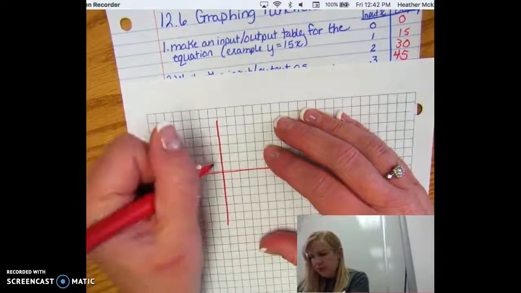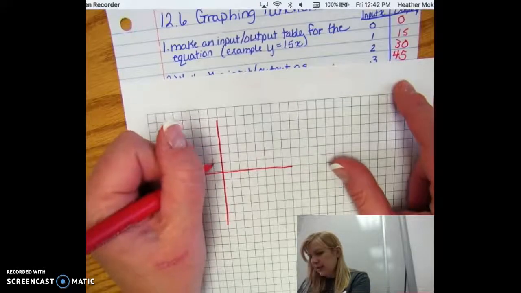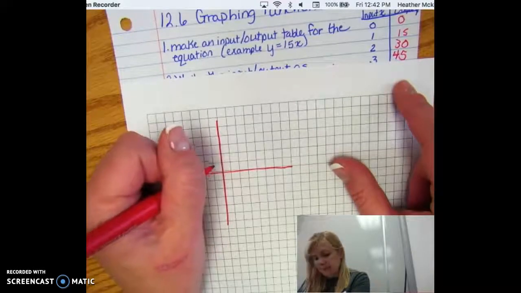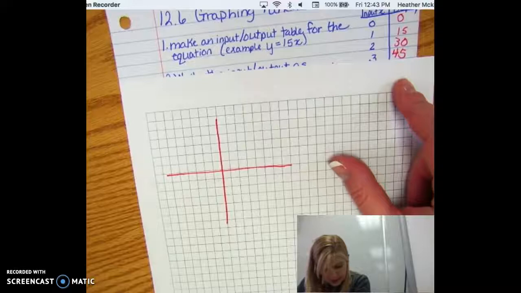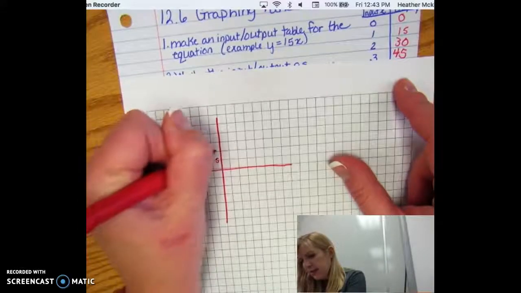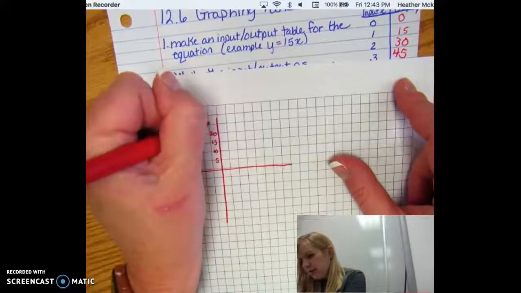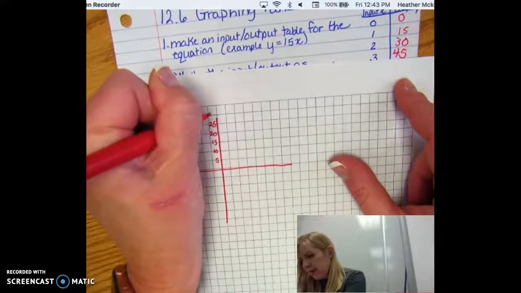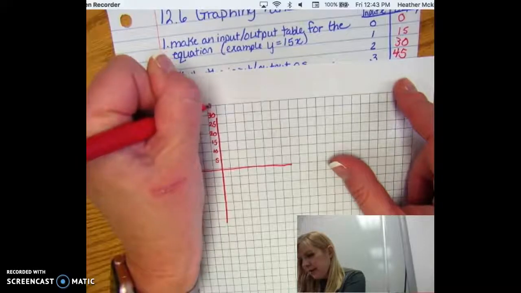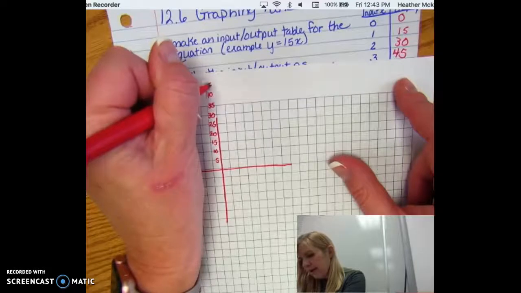I'm going to do it to a different scale, and since they do go up by 15s, I am going to do 5, 10, 15, 20, 25, 30, 35, 40, and then 45.